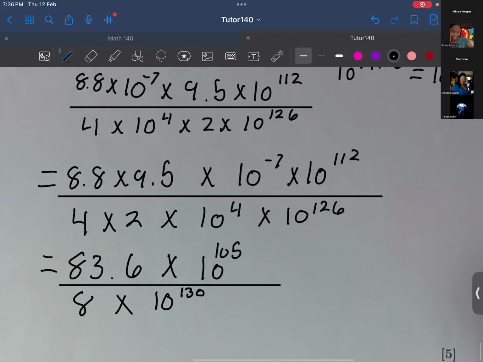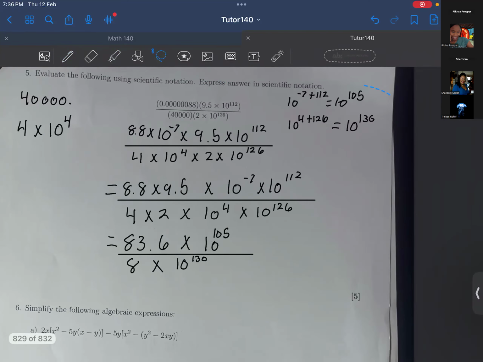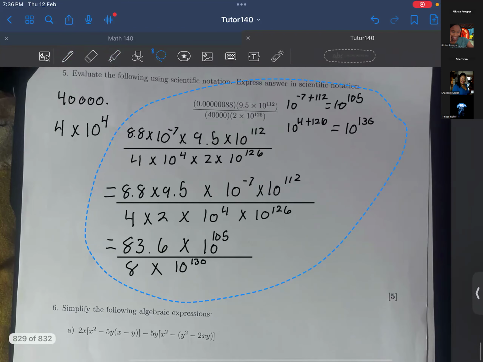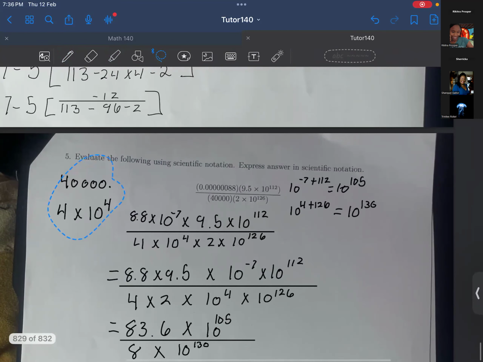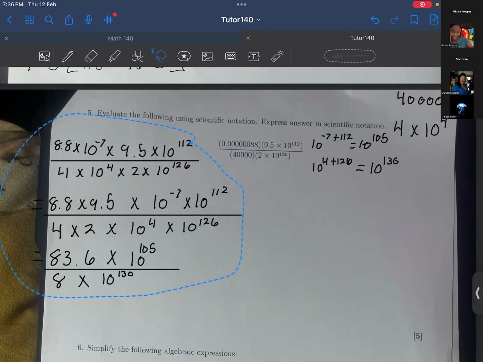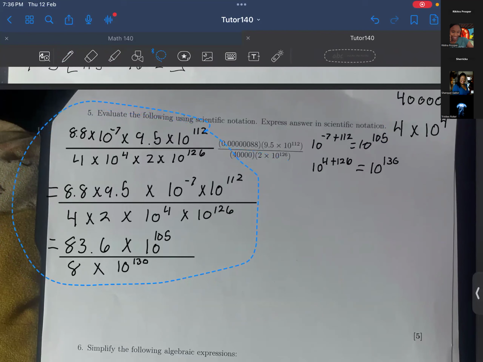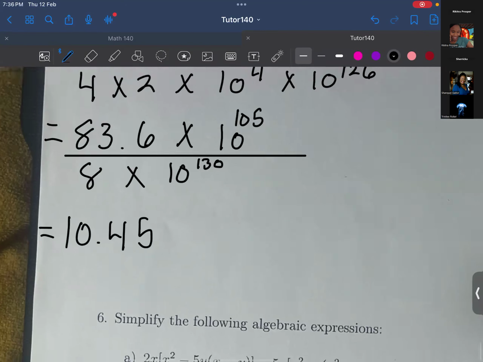Why do I just have 5 there? Okay, so now I have to move this over because I need space. Okay, now we're going to divide. So 83.6 divided by 8 is 10.45, right?